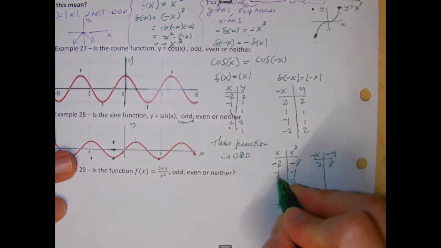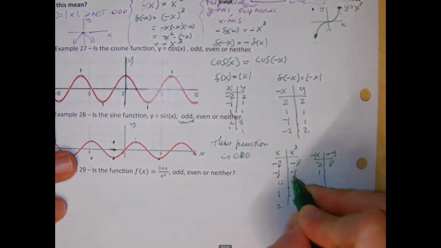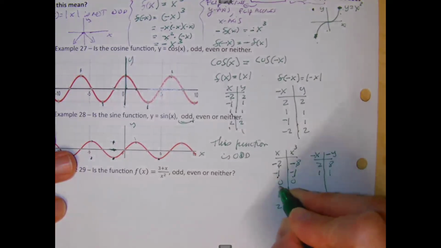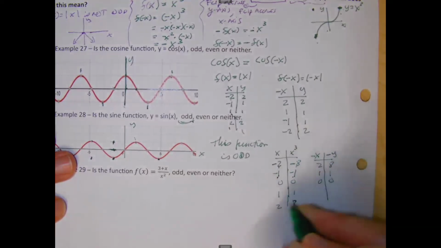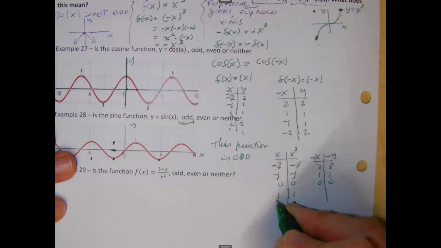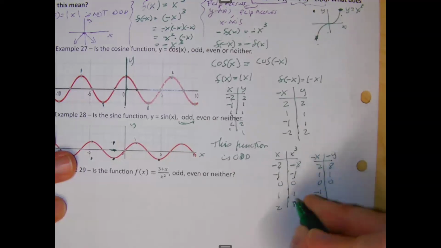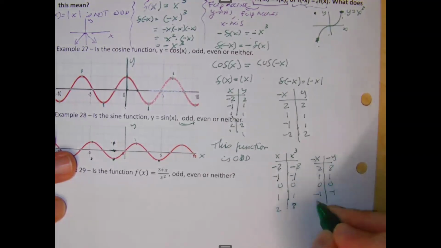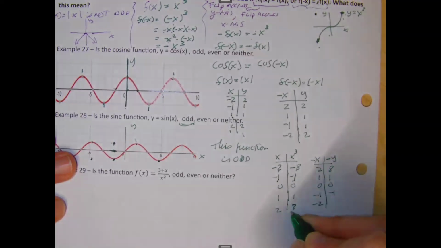Take the opposite of -1, 1. Take the opposite of the y of -1, 1. Opposite of 0, 0. Okay, that doesn't change. Opposite of 1, -1. Opposite of -1, 1. Opposite of 2, -2. Opposite of 8, -8. And I've done it.